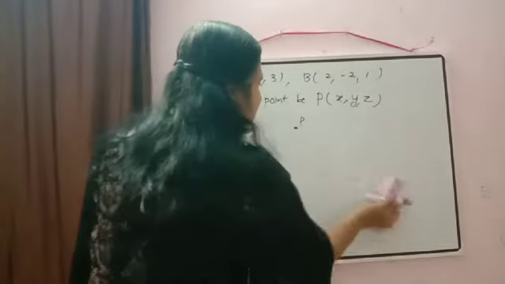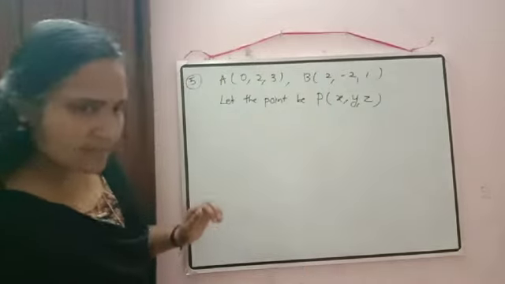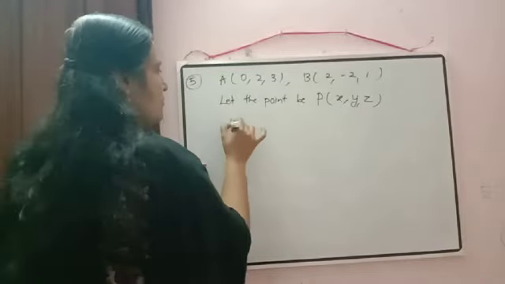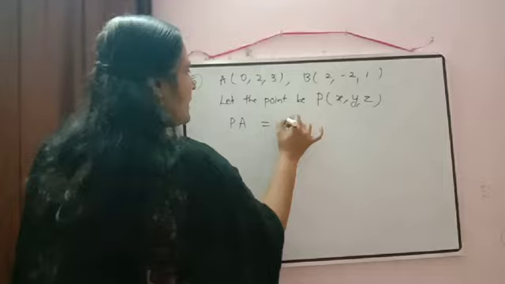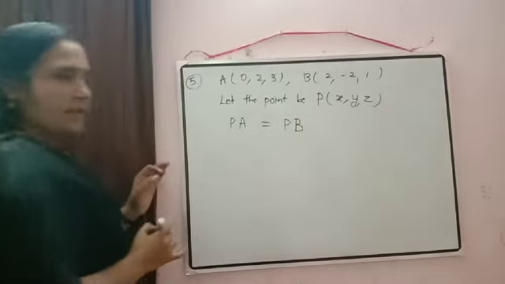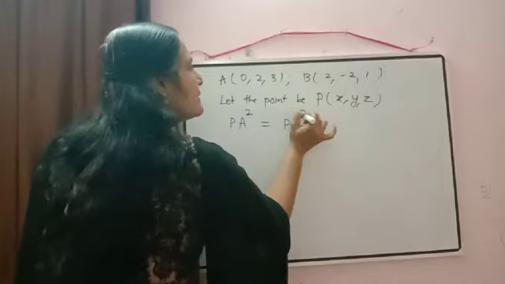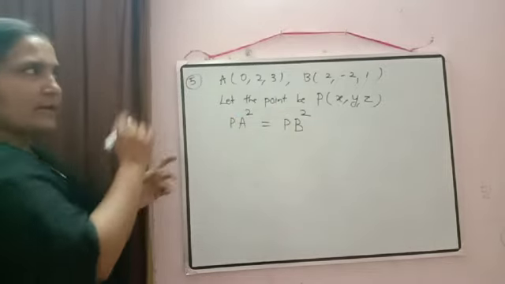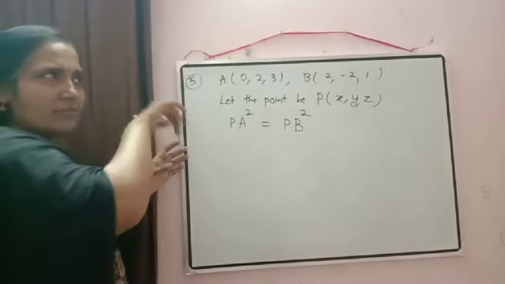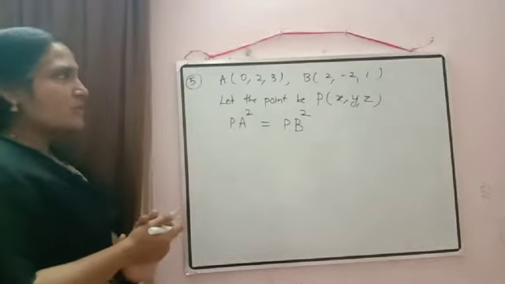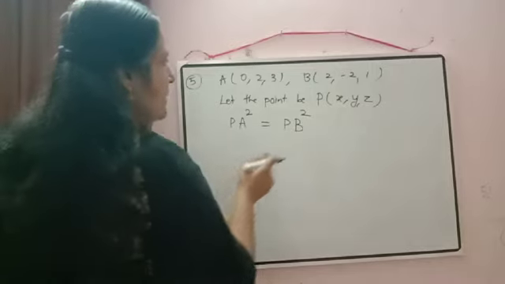So what is the relation given? Yes, the distance from P to A and P to B is equal. So the information given is PA is equal to PB. To avoid that square root, what we are doing here? PA square is equal to PB square. Then the formula which we are writing, square root is not needed there because we did the square. Now directly we can write PA.